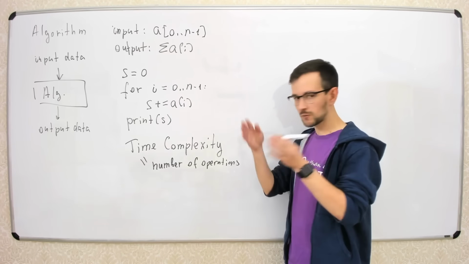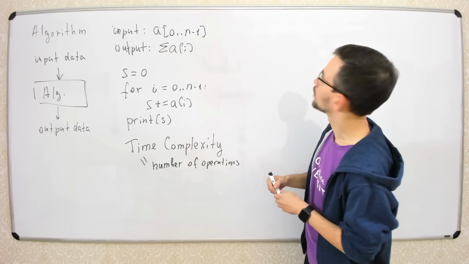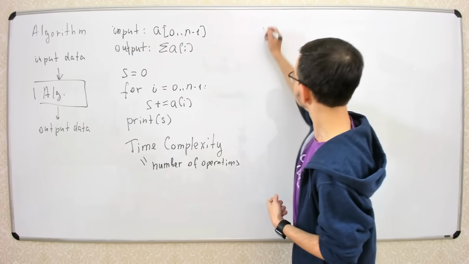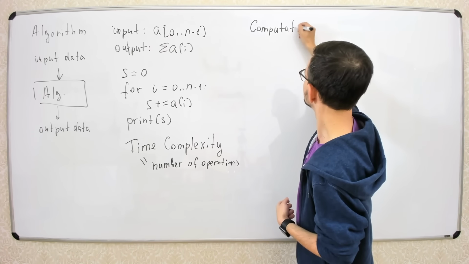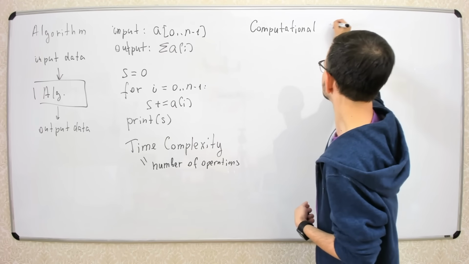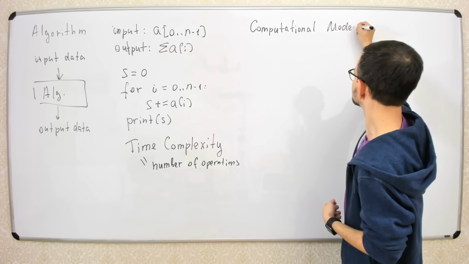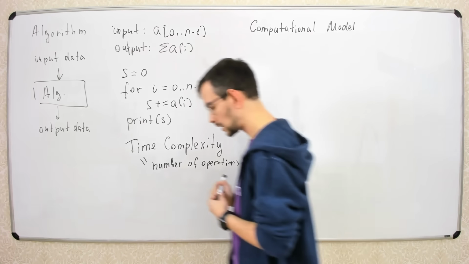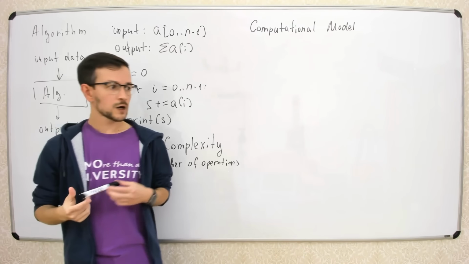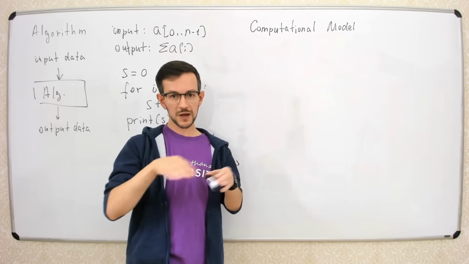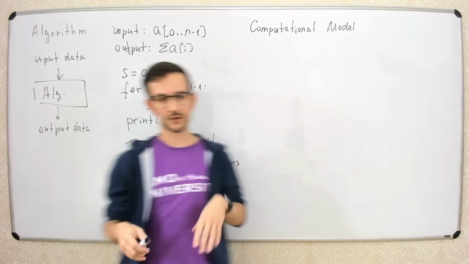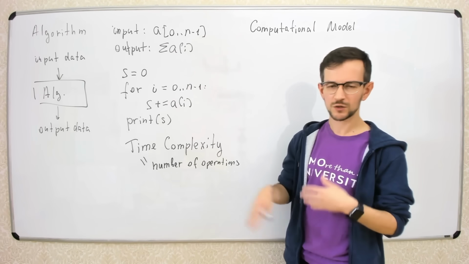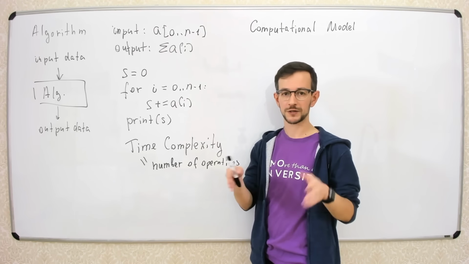So this environment is called a computational model. A computational model is a mathematical abstraction that you use to calculate the time complexity, and not only time complexity, but memory complexity and so on.